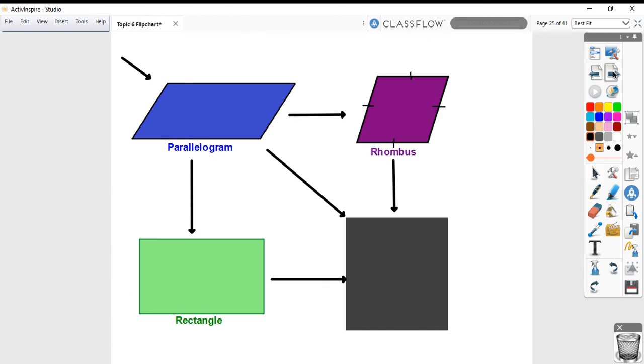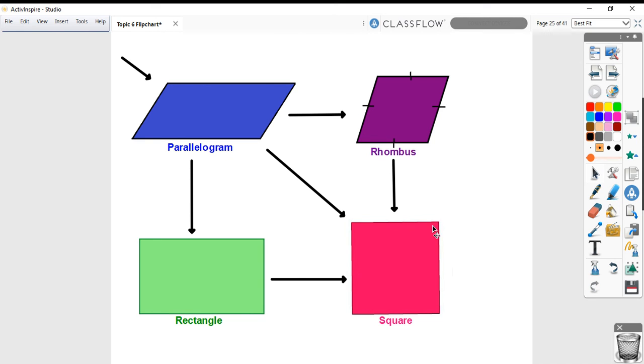All right, going on next, there's a third subcategory of parallelogram that actually kind of fits into both the definition of a rectangle and the definition of a rhombus. Okay, think about that for a second. If you have a shape that has four right angles, like a rectangle, and it's got four congruent sides, like a rhombus, you already know what that shape is.